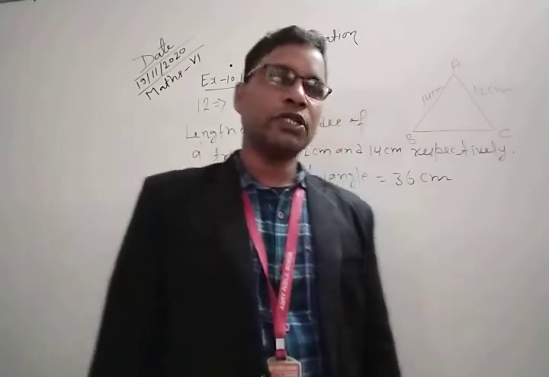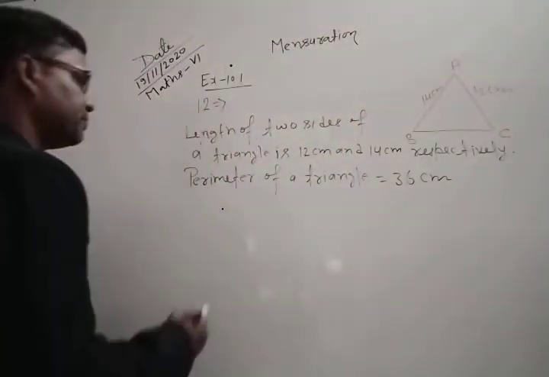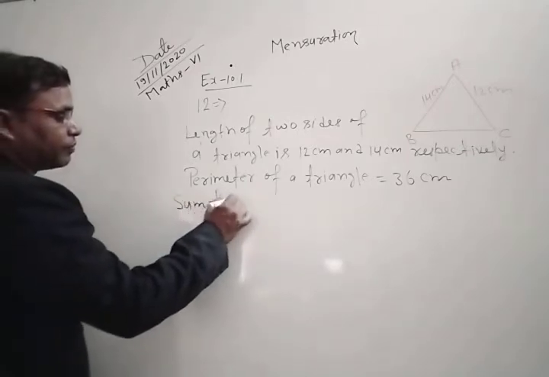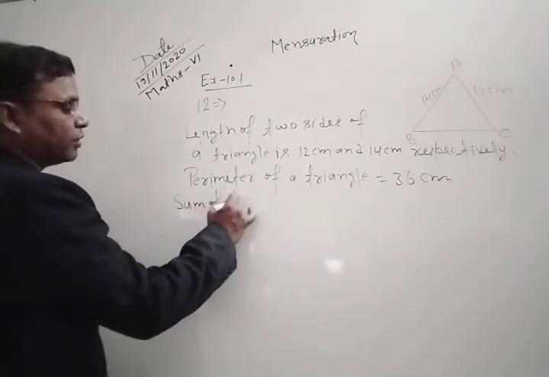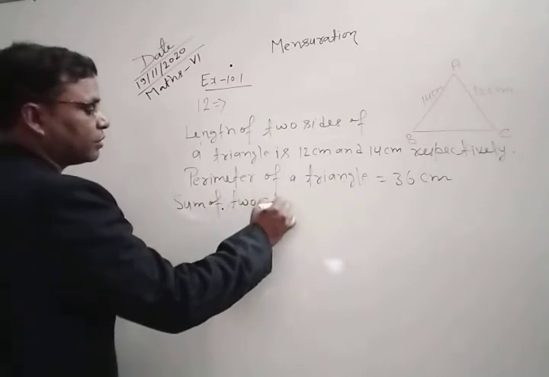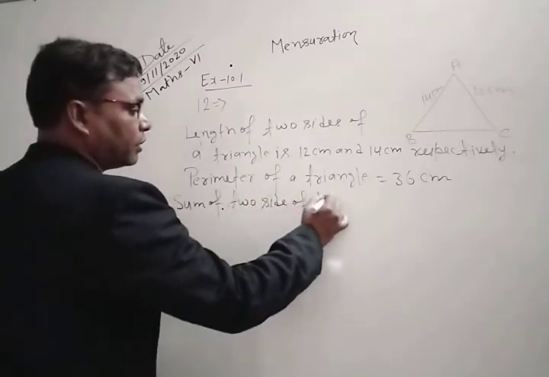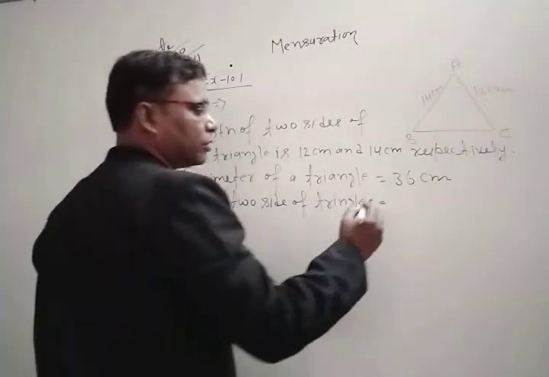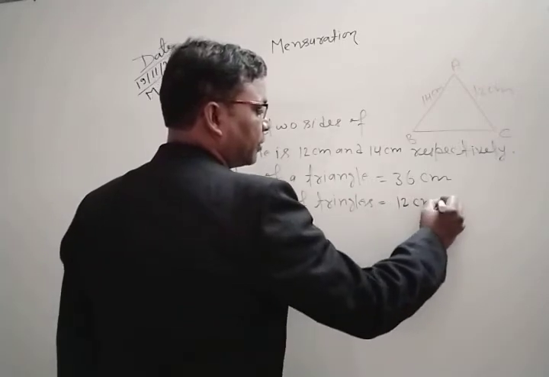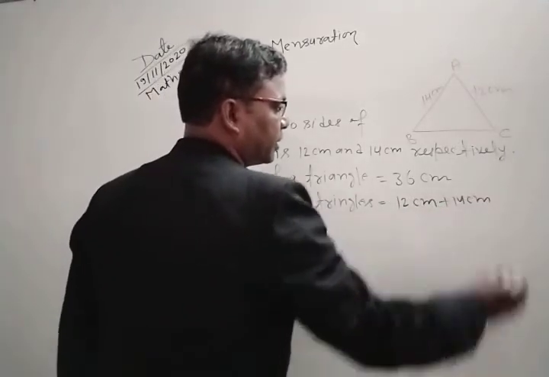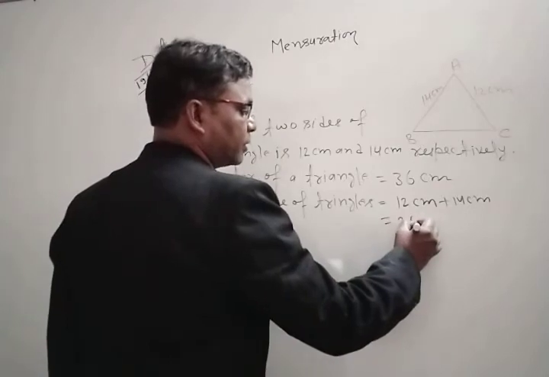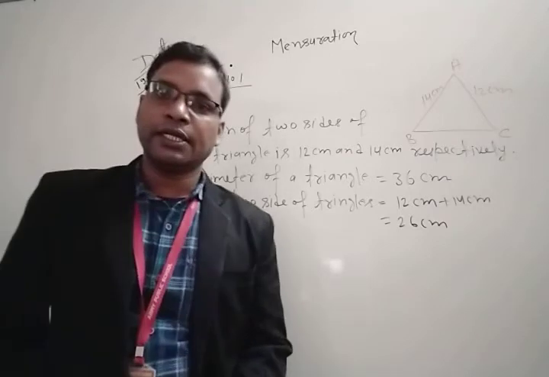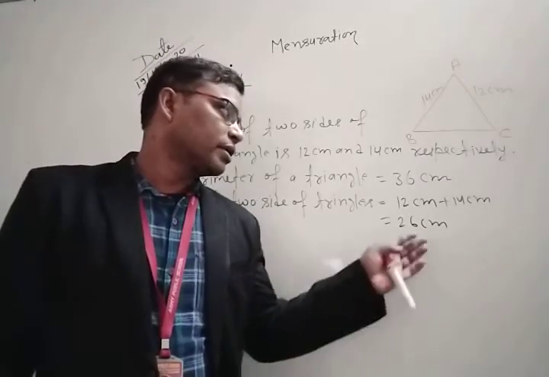First you find the sum of two sides of the triangle. The sum of two sides is equal to 12 centimeters plus 14 centimeters, which is 26 centimeters. This is clear.